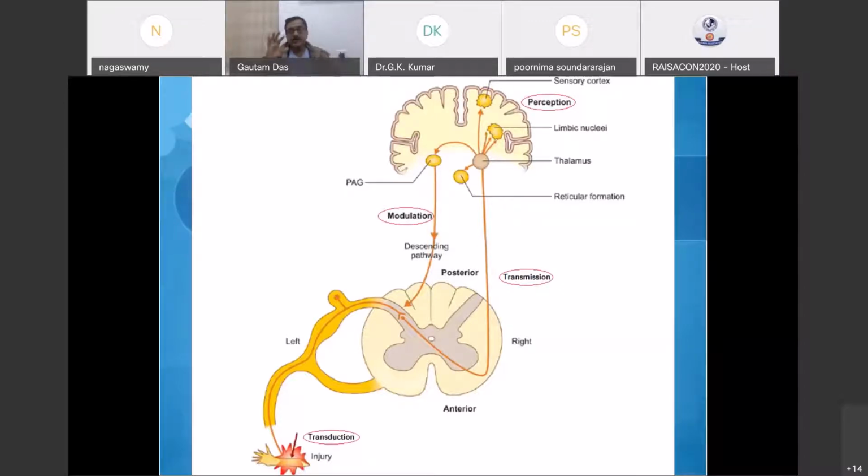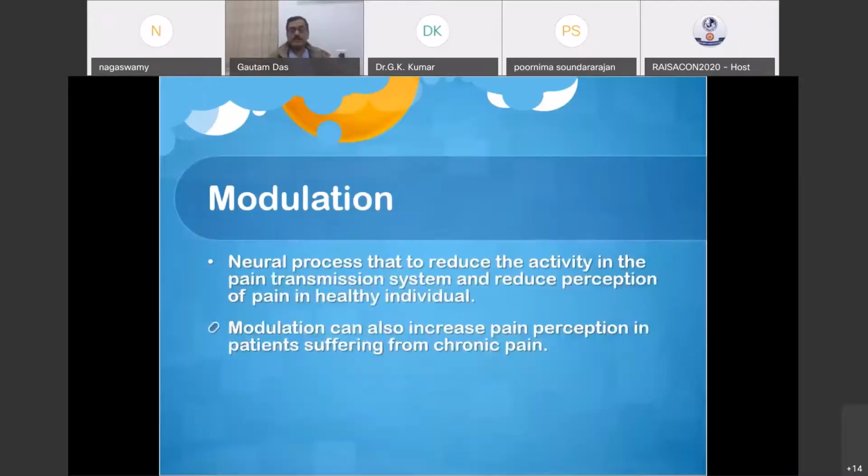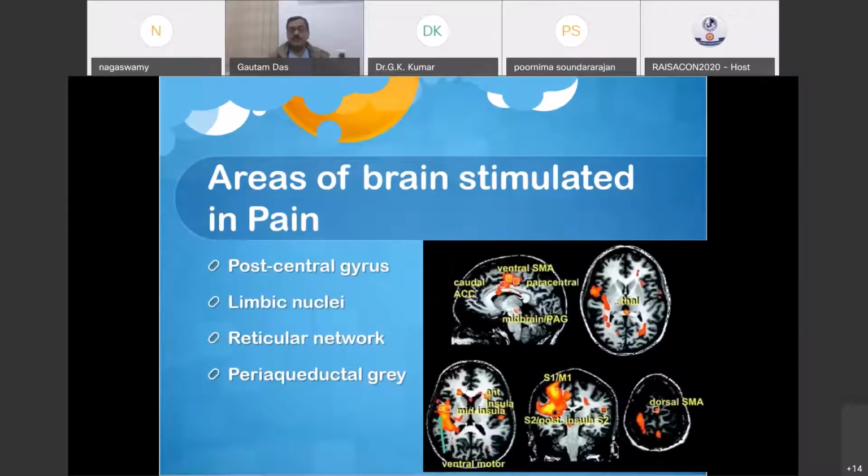That in the higher center, there are not just the sensory cortex, nor the post-central gyrus. And it has been proved by the fMRI studies. So these MRI studies were taken when somebody was having very severe intense pain, and then this fMRI is showing that four important areas of the brain are getting stimulated.